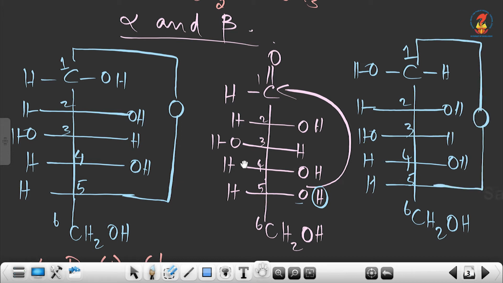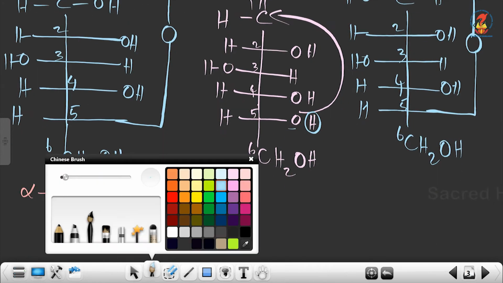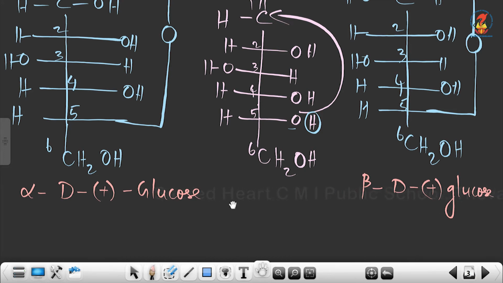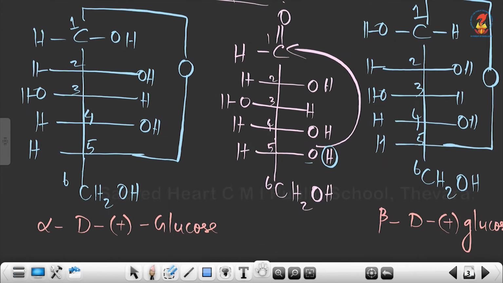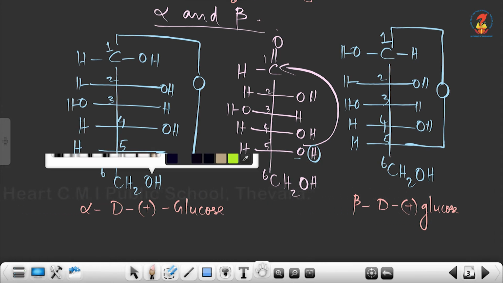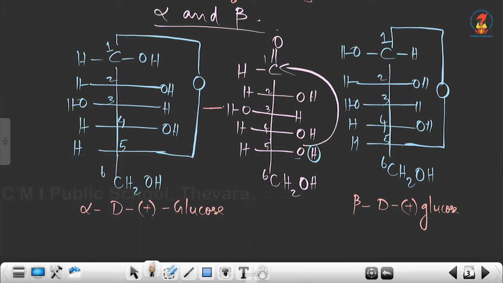Now this is our beta D plus glucose. Now I told you, if you look at a glucose solution, we can see the open chain structure and the two cyclic structures which are in equilibrium. So we have to show that equilibrium here. This is in equilibrium, all three.